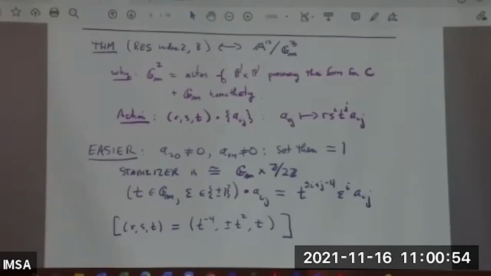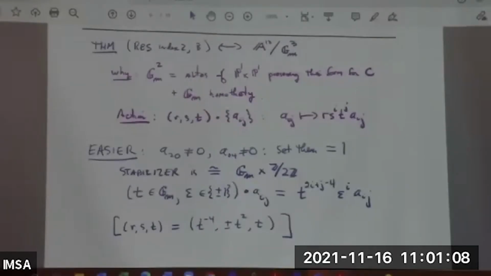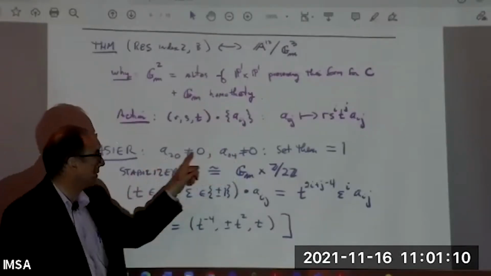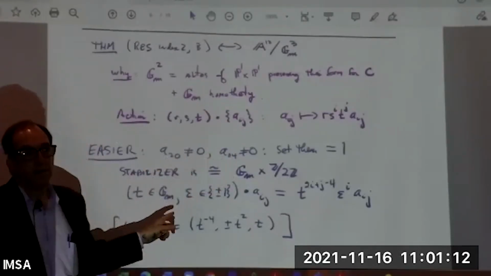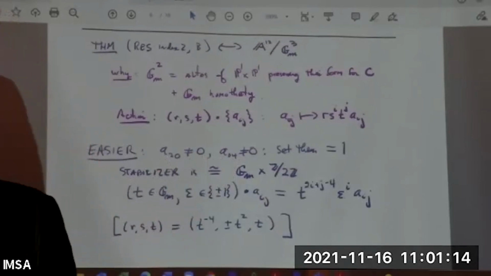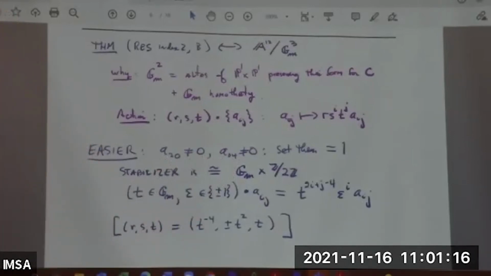And then I can ask, okay, what are the automorphisms that are left that preserve that form of the equation where those two coefficients are 1? And it turns out it's not G_m, but fortunately a G_m on Z12. And the reason is because these indices are both even. All the numbers are even. So there's a Z2 action that's left over even after the homothety.